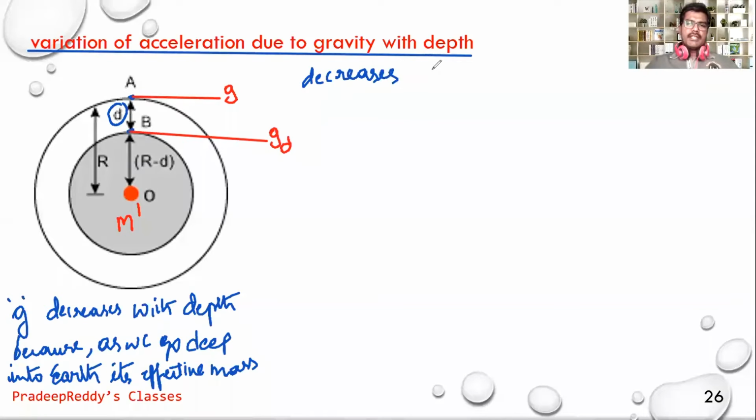Therefore, g decreases. Therefore, acceleration due to gravity decreases.